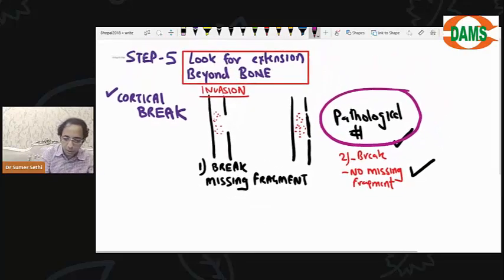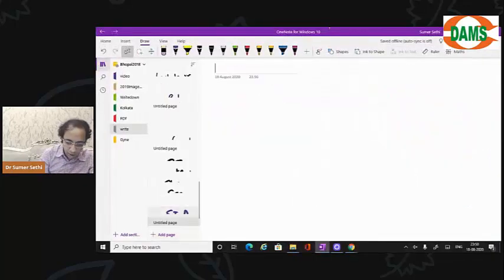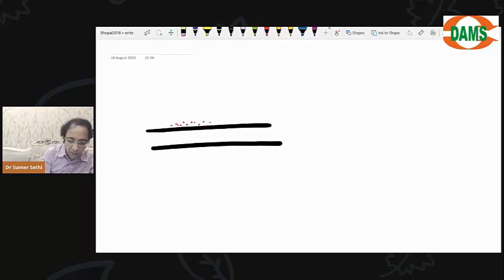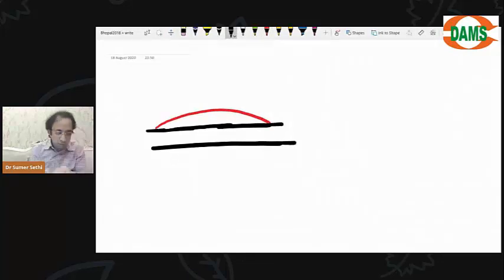Now, second concept is, okay, let's understand, suppose this is the bone. If there is a disease which comes out of the bone, this disease will lead to elevation of periosteum. Any disease which comes out of the bone will lead to elevation of the periosteum.